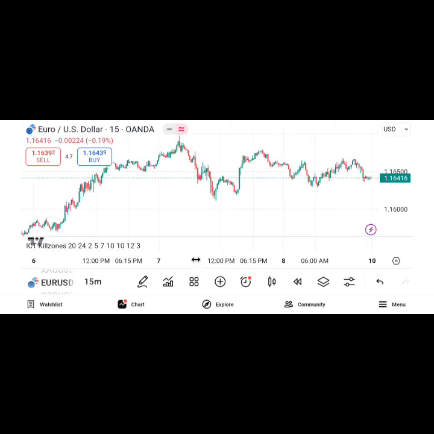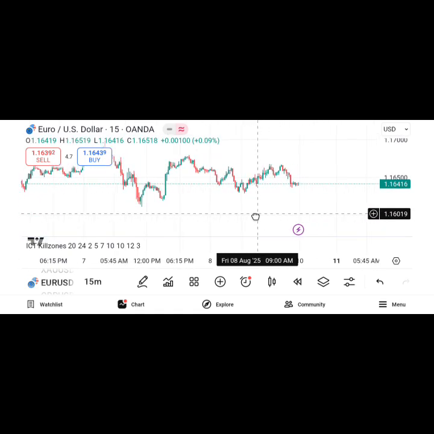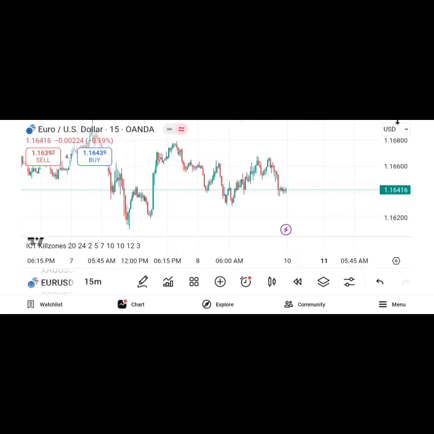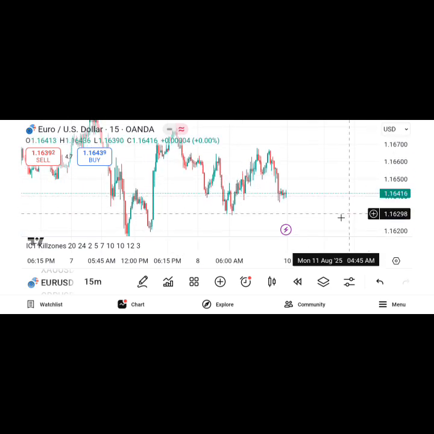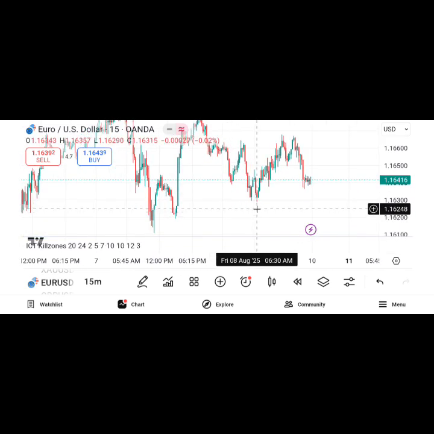So if I could get only one, like right here now, we got something right here. We have this hammer candle used for manipulation, took this low, liquidity grab, took this low, then started buying.